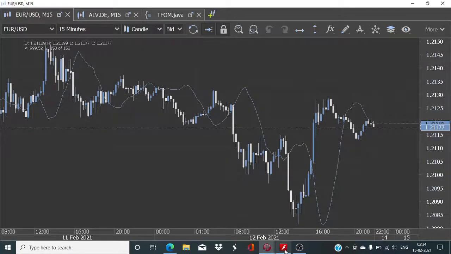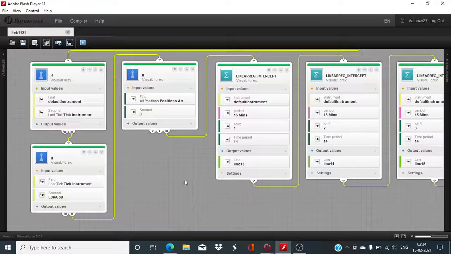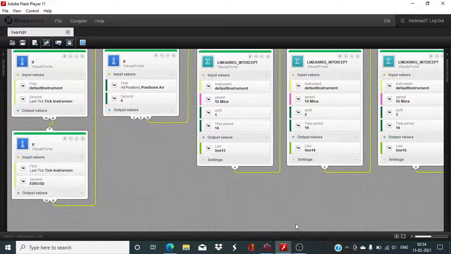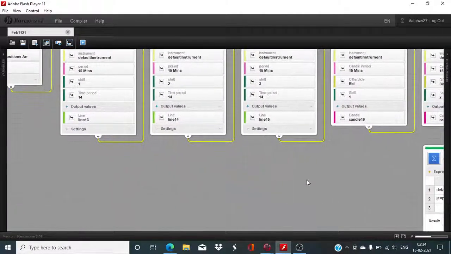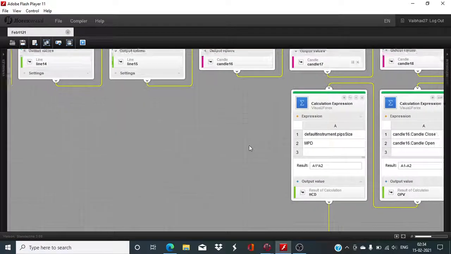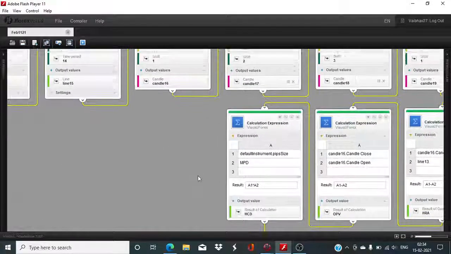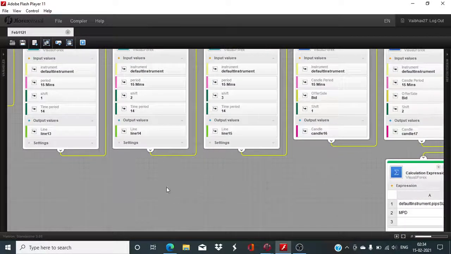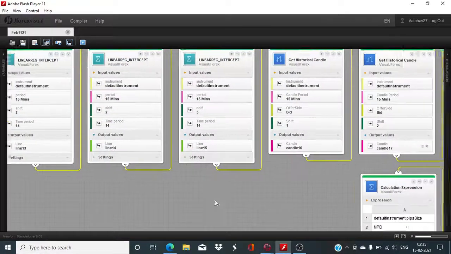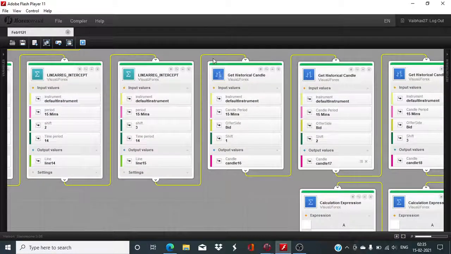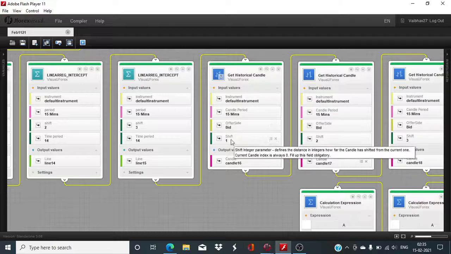Now we head to the Visual JForex board, which has been developed by Dukascopy Bank SA. So here for the sell side development, we need to define two conditions, two calculations, where we will be taking into consideration the price action in candle 16, which is the 15-minute candle with the shift value, that is the look back period, of 1.